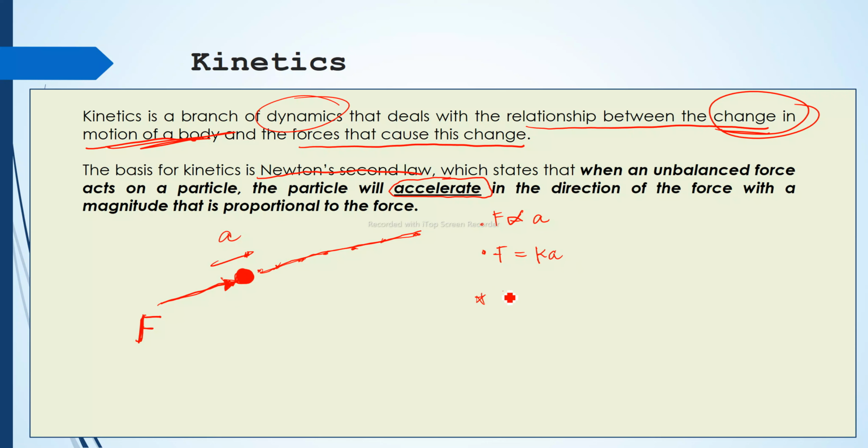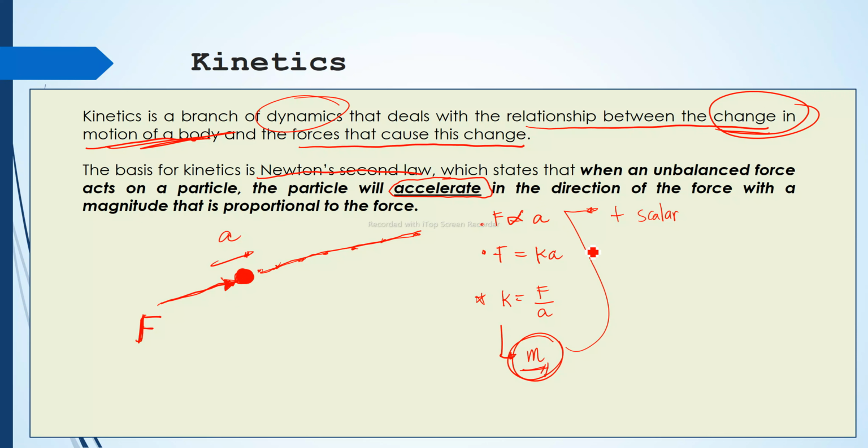To solve for this k, the constant of proportionality for the force and acceleration, they experimented. And they found out that this constant of proportionality k is no other than the mass of the particle. The mass of the particle is a positive scalar. That is always positive.